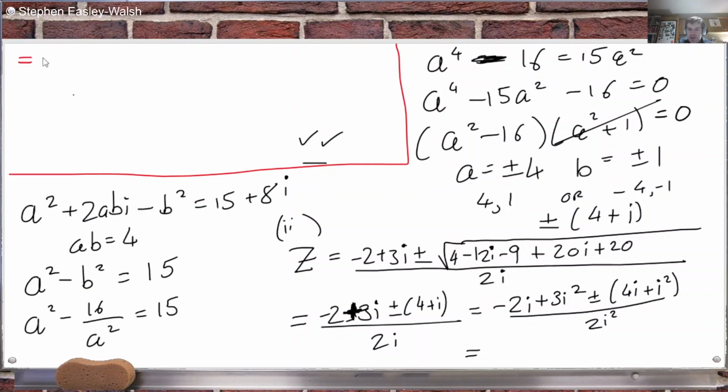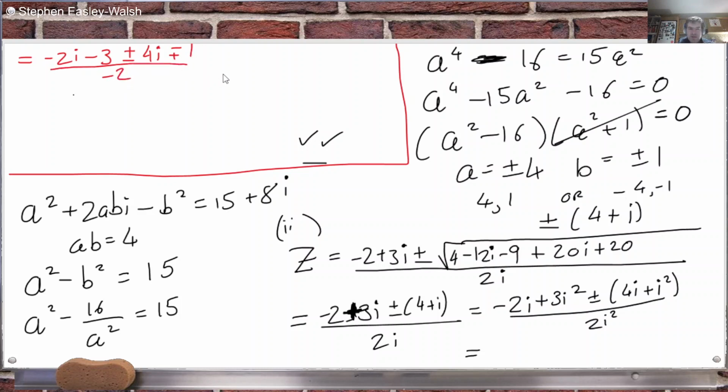That was equal to minus 2i minus 3 plus or minus 4i, and then that's minus 1. Minus 1 times plus or minus is minus or plus over 1, all over minus 2.